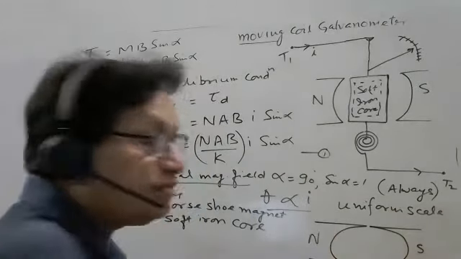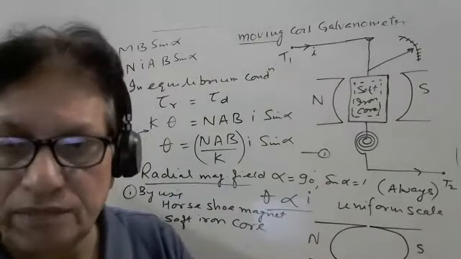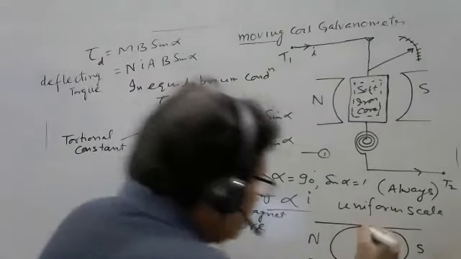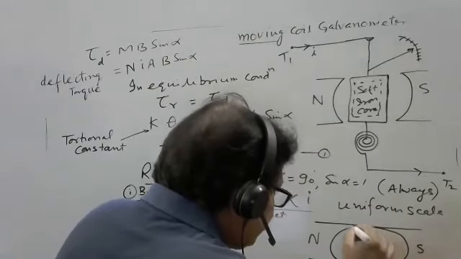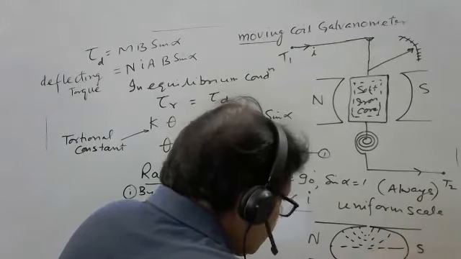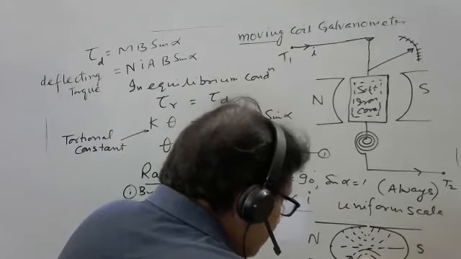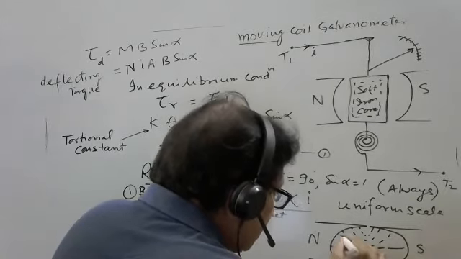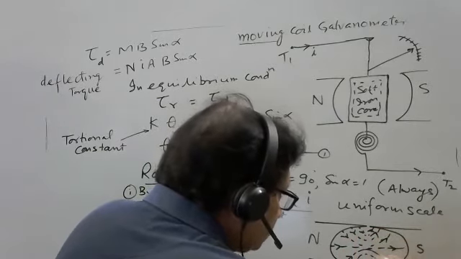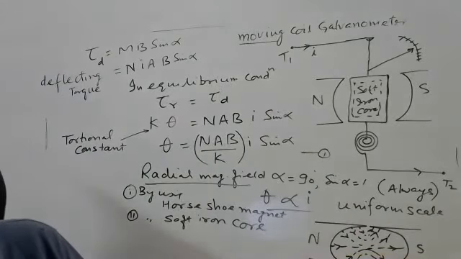So what will happen? We know the lines of force exit from the north pole and terminate at the south pole. Lines of force like this. What is the benefit of this?